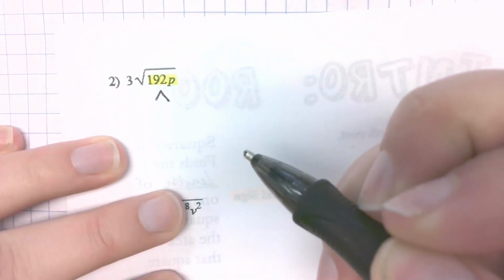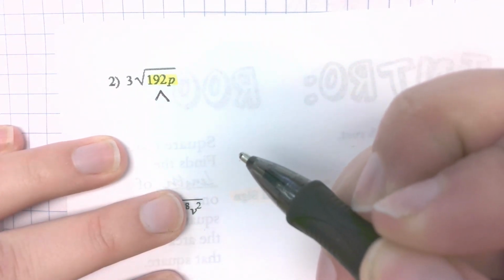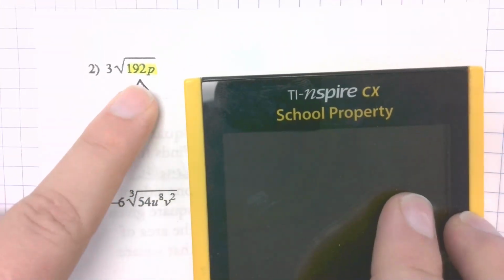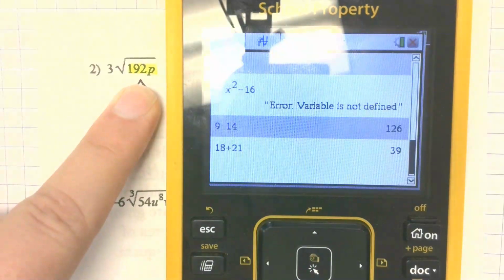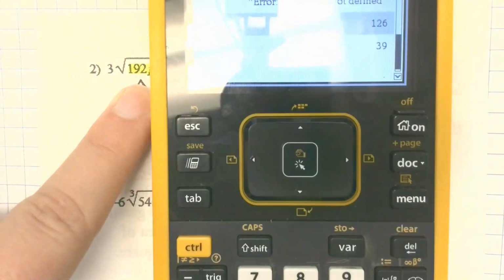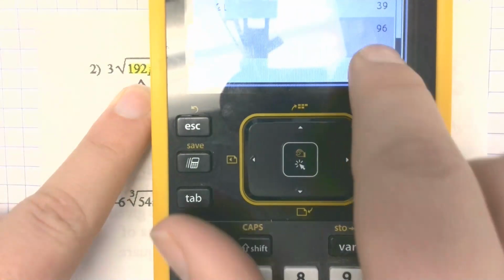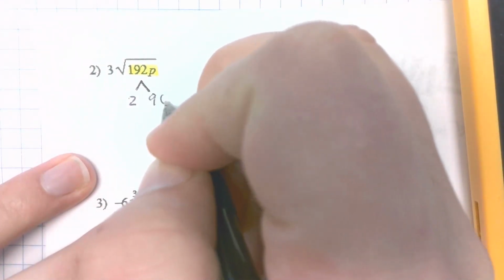No. Do you think we should try 5? No. What should we try? Why don't we try 2? Does it make sense to you that we could take a 2 out? Yeah. So on your calculator, you're going to do 192 divided by 2. See how that's 96? So I know it's 2 and I know it's 96.